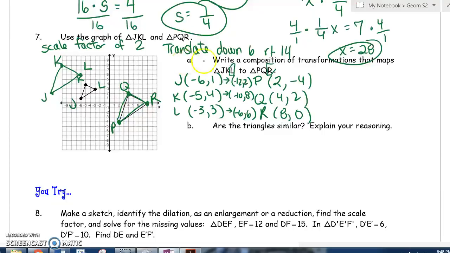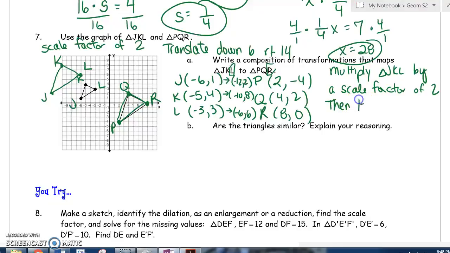So they're asking you, what is the composition of transformations? Like what moves do we need to get it from where it starts to match up here? We need to multiply triangle JKL by a scale factor of 2. And then it needs to translate down 6 and right 14.